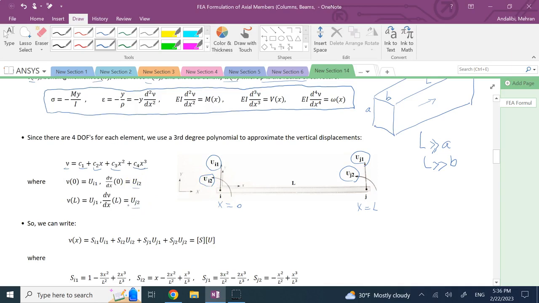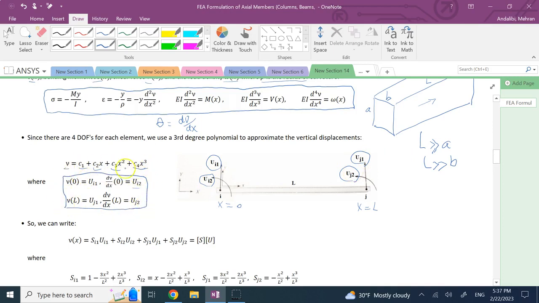Maybe I can add something extra: theta, the angle of the curve of the beam, is d nu over dx, and this one you have also seen in solid mechanics. It is the angle of the neutral axis with respect to the horizontal axis at any location, which here we show with UI2 and UJ2. So these are my four conditions at the boundaries.